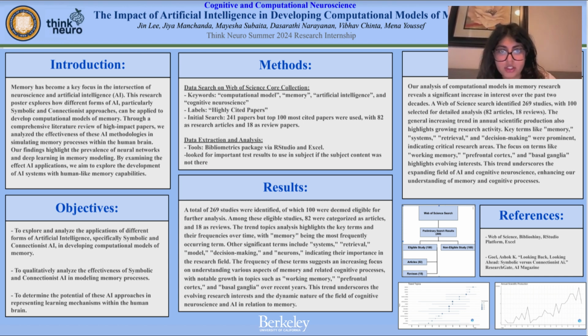Okay, next question is, what further studies can be built off of these results? So this is a good question, and pretty much anything in the artificial intelligence field can be built off of the results of this. Specifically, when you're looking at a computational model of memory, the next step would be to develop, like I said, an integrated approach connecting Symbolic and Connectionist AI.